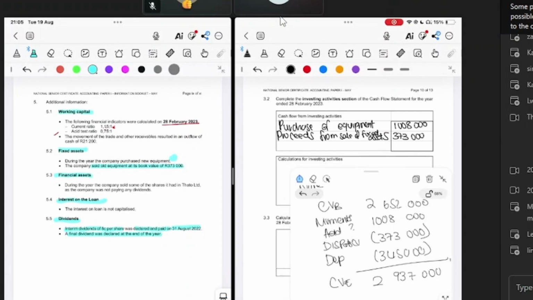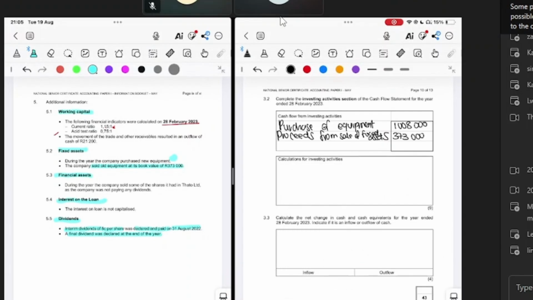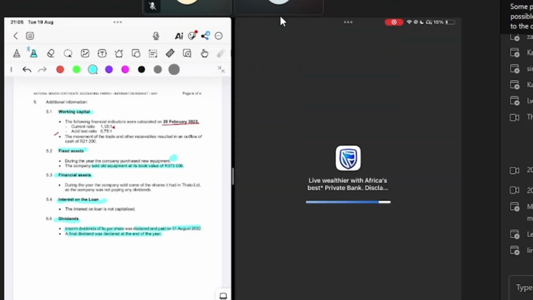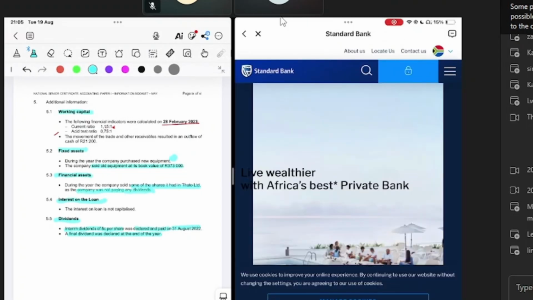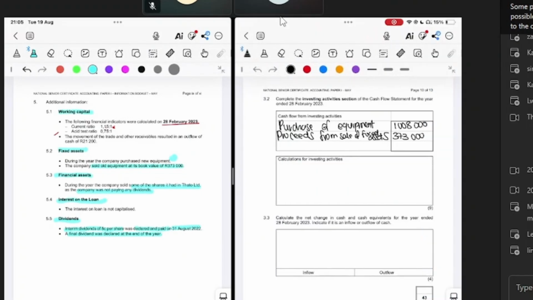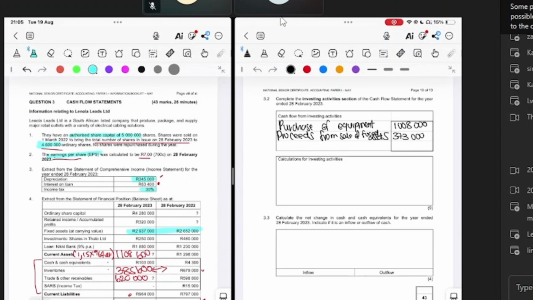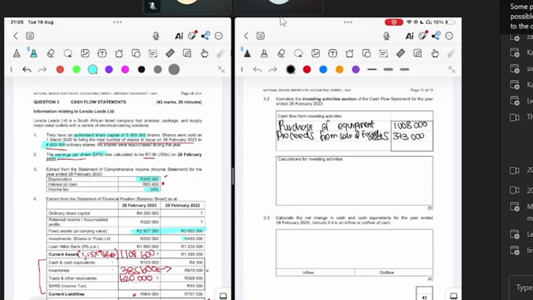And then the other thing, I said it's all your investments. If you look at 5.3, they talk about financial assets. They're saying during the year, the company sold some of its shares it had in Tata Limited as the company was not paying any dividends. Meaning the company was invested in another company, and now we have sold some of that. If you see here, the investment went from 480 to 250.